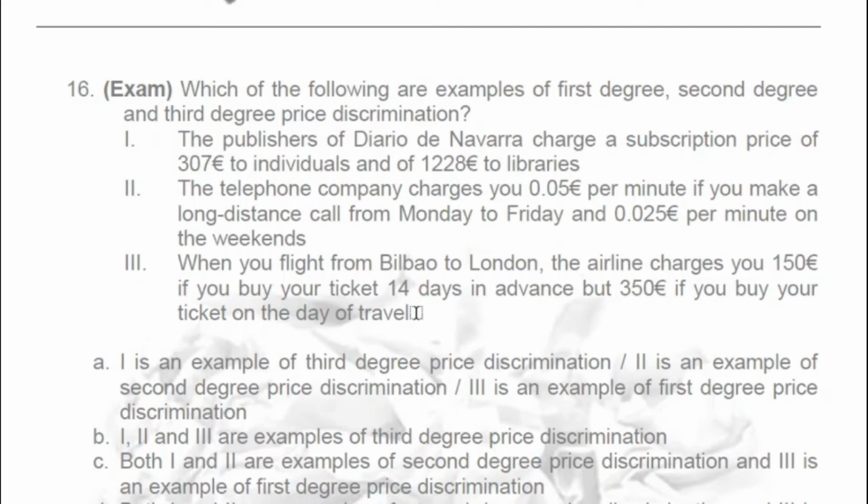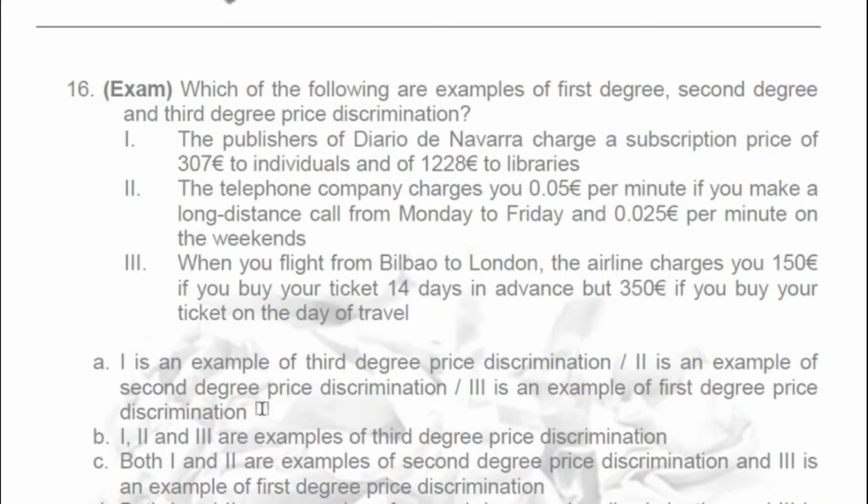I'm the airline, thinking that as the day of the flight approaches, the customers could pay more, so I try to charge them the reservation price.